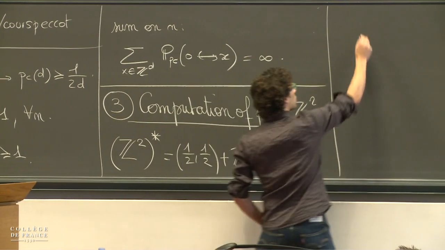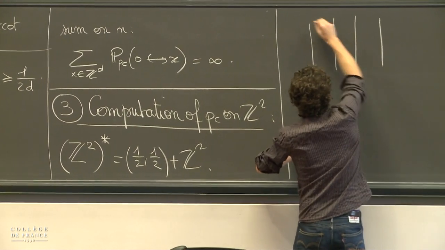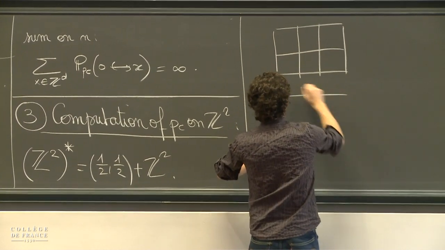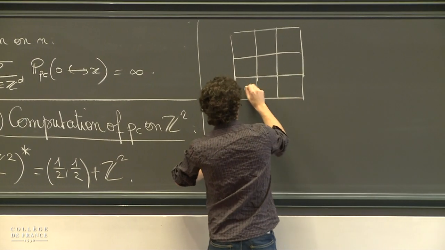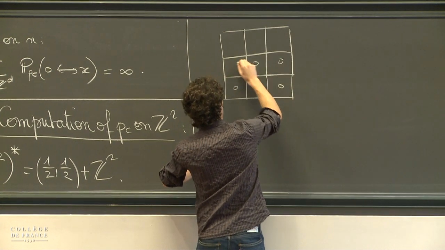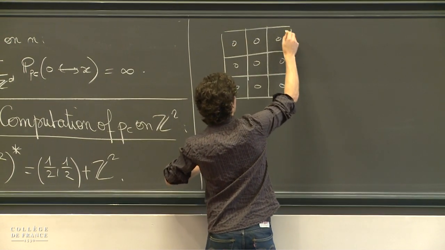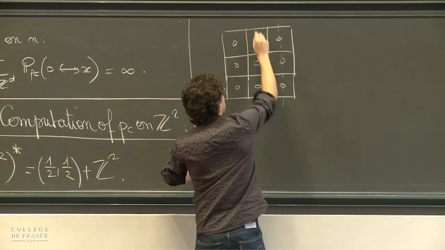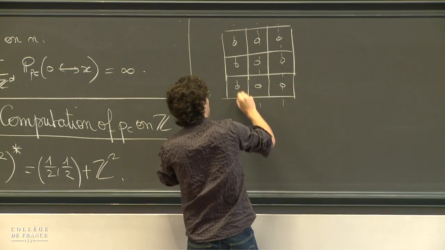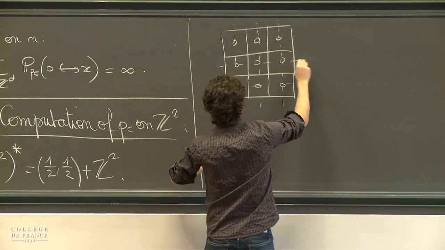So what is it? You just take the square lattice and you put vertices in the middle of faces and edges between nearest neighbors. So you get a translate of the square lattice.